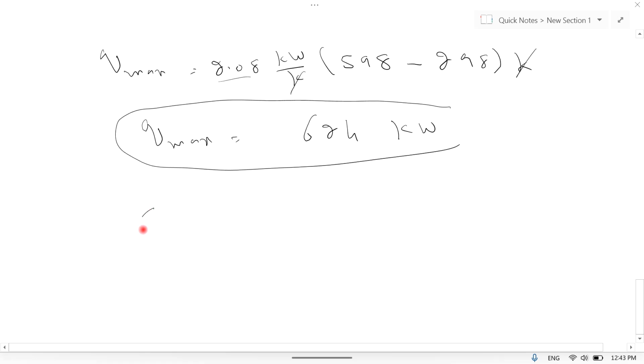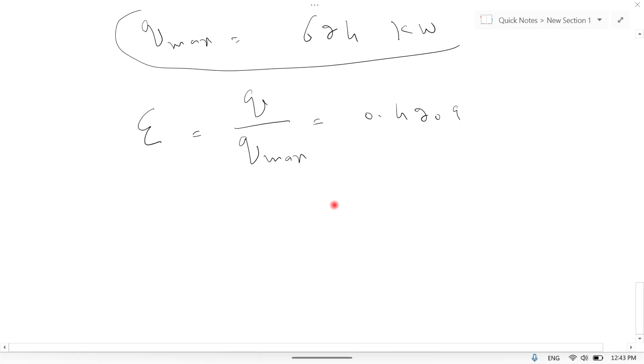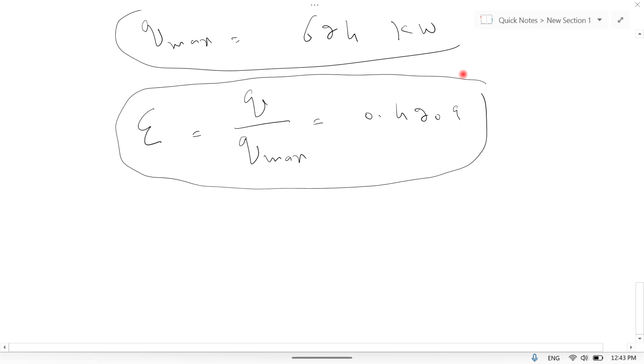Now we can find effectiveness. Effectiveness is equal to heat transfer divided by maximum heat transfer. So this is equal to 0.4209, almost 0.421. Now this is the value of effectiveness. Now we can put in the values.